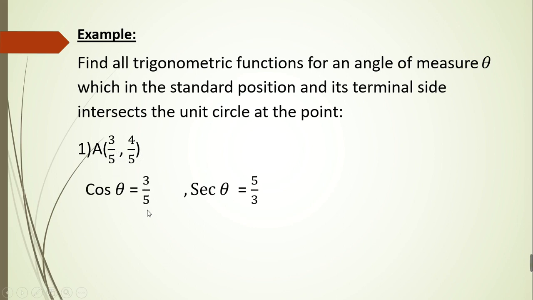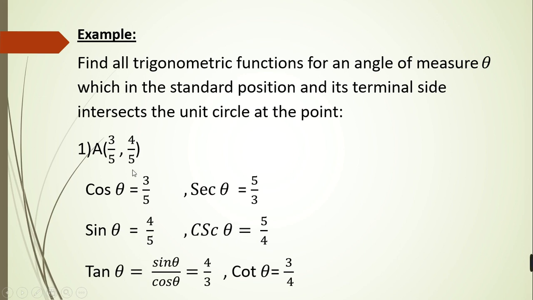And what is the reciprocal? Yes, sec. And sec theta, I will flip the number, so sec theta equals 5 over 3. Sine theta, yes, the second projection is the sine, equals 4 over 5. And cosec theta equals 5 over 4.